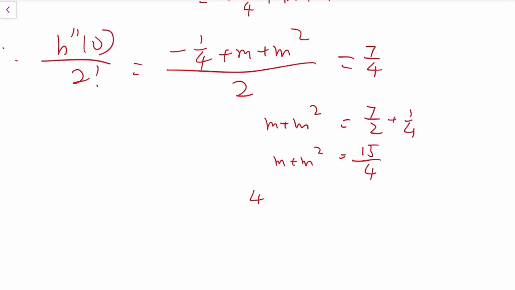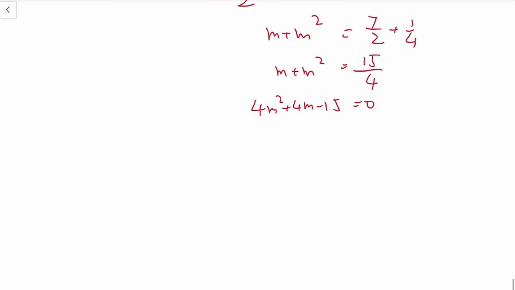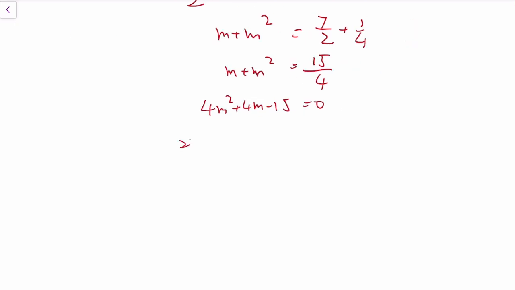So we have 4m squared plus 4m minus 15 equal to 0. Can I factorize this? I feel like I can. 2m plus 5, 2m minus 3. Yeah, that works. So m is 3 over 2 or negative 5 over 2.